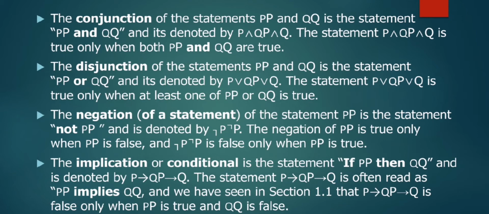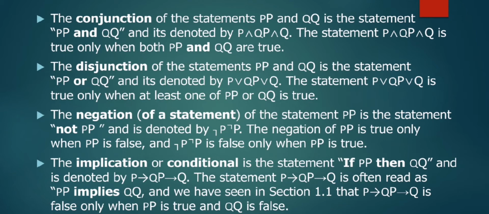Then the disjunction of the statements P and Q is the statement P or Q. Its symbol is V. The statement P or Q is true when at least one of P or Q is true.